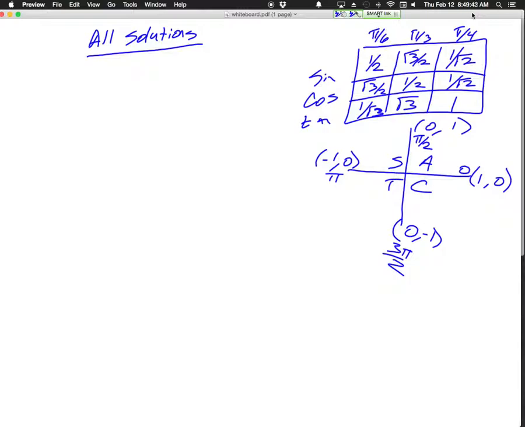All right, next problem. 2 equals 4 times cosine squared x plus 1. What'd you say? Subtract 1.